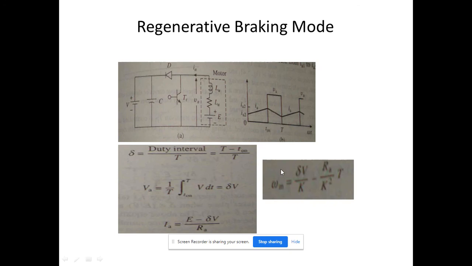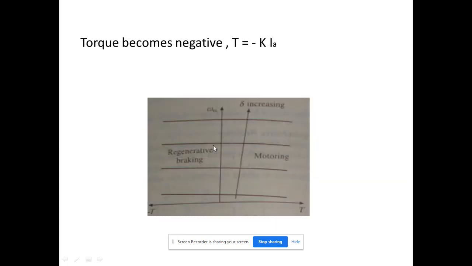And the equation of speed in this mode is given by omega m equal to delta V by K minus Ra by K square T. And this is the characteristic of speed versus torque in regenerative braking mode. Since the current is negative, the torque, which is proportional to current, is equal to minus K times Ia. So torque is also negative. Thank you.